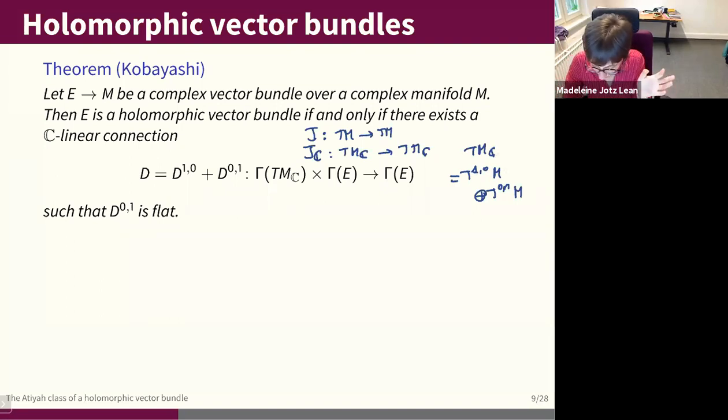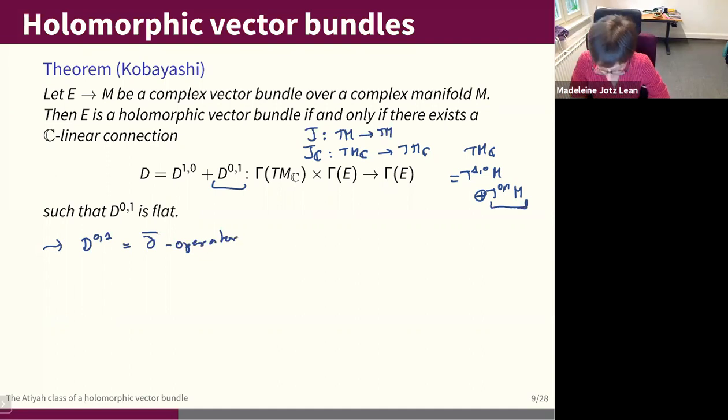And yeah, T^{1,0}M is isomorphic as a complex vector bundle to TM. And you can show that if there's a C-linear connection on this space and on E, such that its restriction to the second space, so the D^{0,1}, is flat, then you have a holomorphic vector bundle. And how do you do that? Well, you say that the flat sections are the holomorphic sections, right? And then D^{0,1} is just a del bar operator.